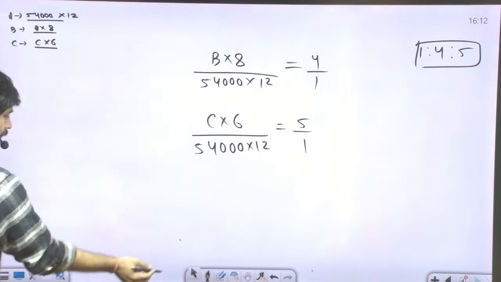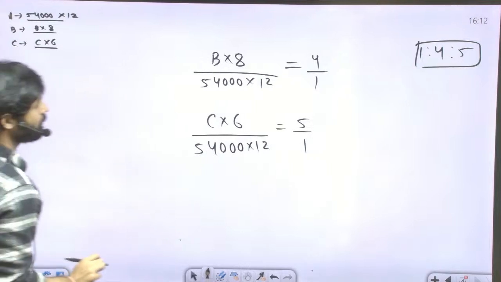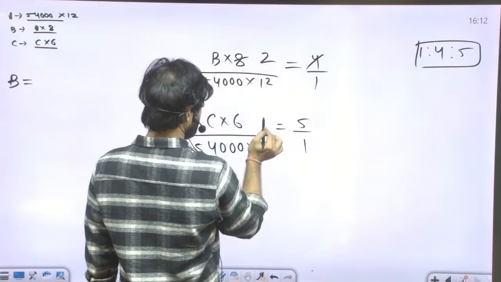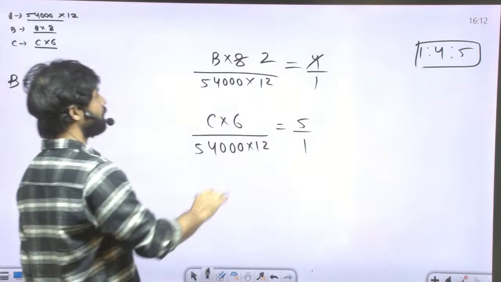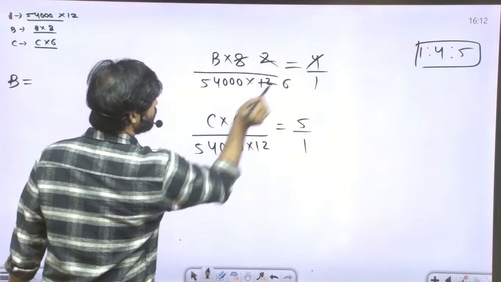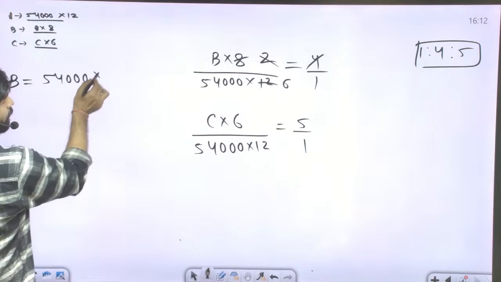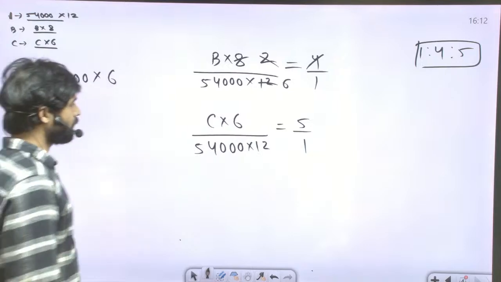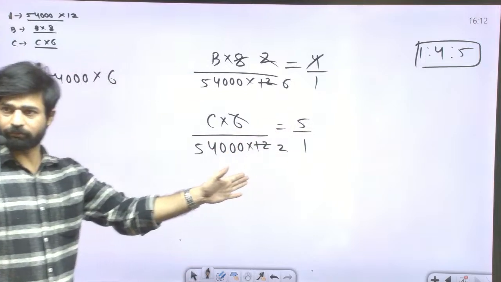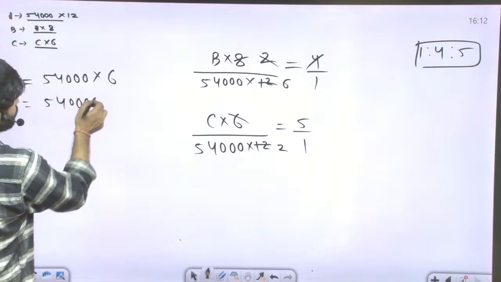So the share of B is 54,000 into 6, and the share of C is 54,000 into 10.